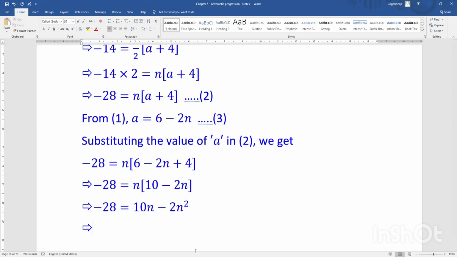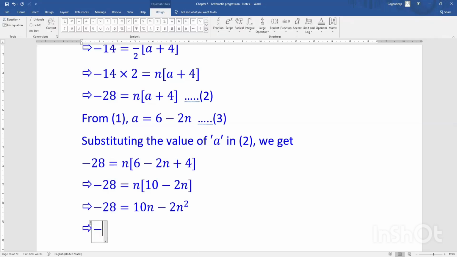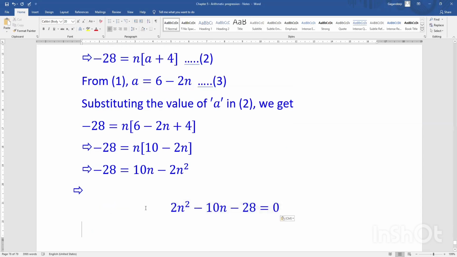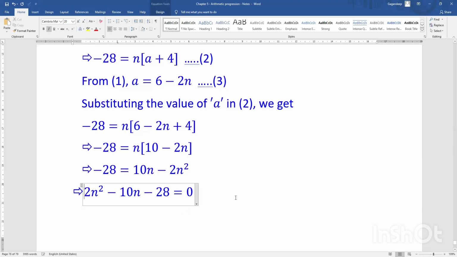In the next step we have minus 28 equals 10n minus 2n square. From this we get 2n square minus 10n minus 28 equals 0.